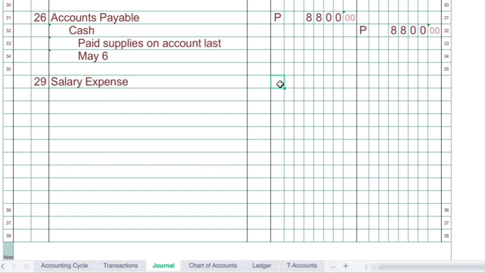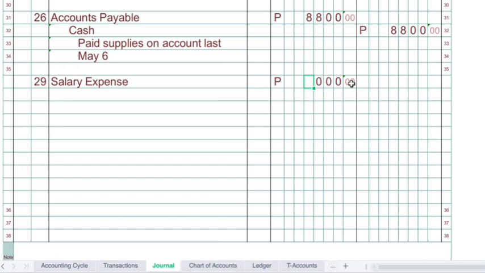Okay, so always remember that expenses increases on the debit side. So kada nagbabayad tayo ng mga pinagkakagastusan ng business, so lagi natin yung dinidebit.